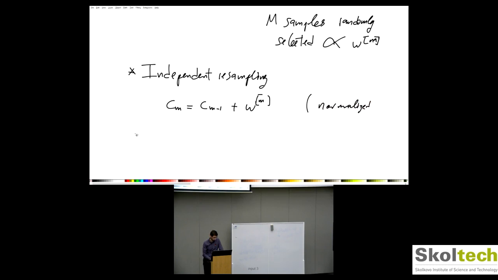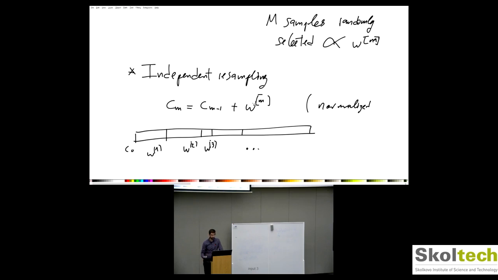For the one-dimensional example, we start at Z0, here at 0. Then this is weight 1, this is weight 2, maybe this is weight 3, and we are just accumulating these values. You sum all of them, and this should be probability 1. That's why we need to normalize.